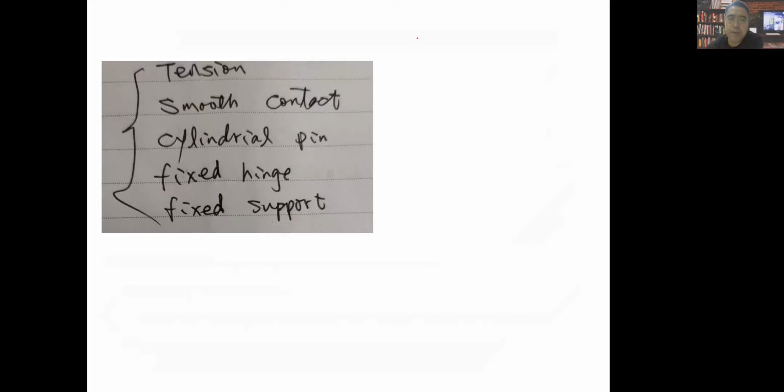We have a lamp here, we have a ring here. So we call this kind of constraint a tension constraint. You should know it always pulls, right? It never pushes, right? The second is smooth contact.